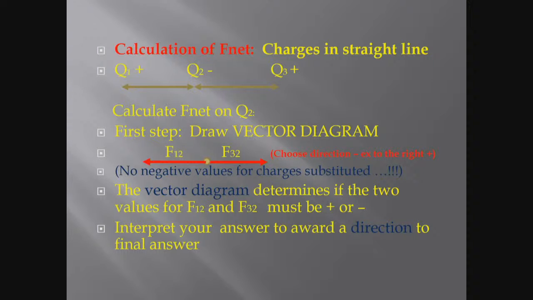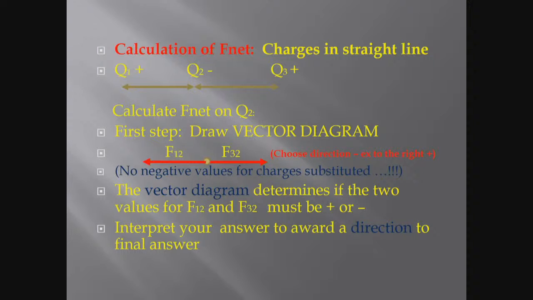attracting Q1. Q1 is attracting Q2 to the left. And if I draw, and maybe I must just go back, okay, and if I must draw my force diagram, you will see F1 on 2.